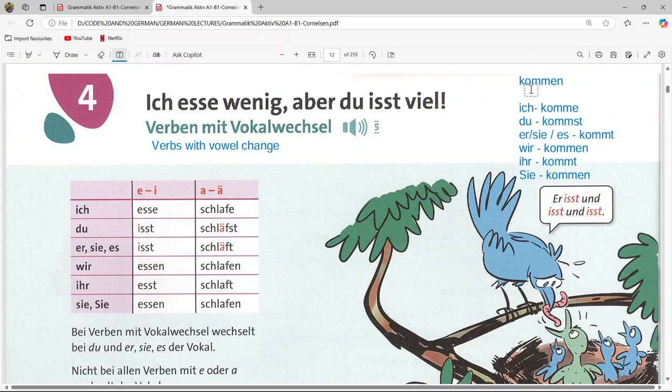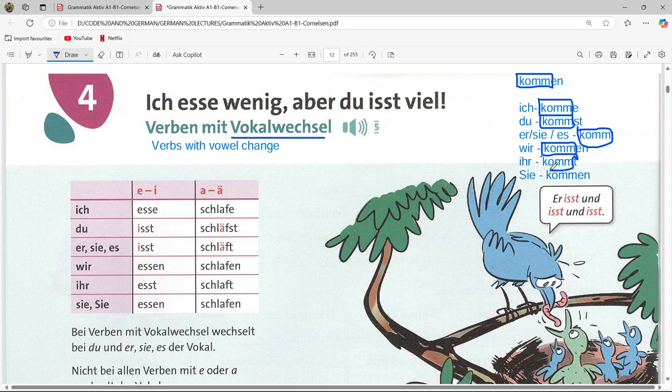For this verb, this part is the verb stem, means the root of the verb, and in all the cases the root is the same. So this kommen is not a verb with Vokalwechsel, vowel change. There is no vowel change here.